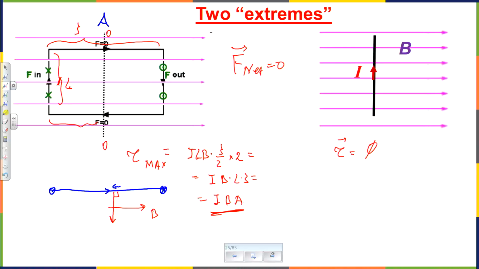And this angle between the normal and magnetic field is 90. And here, if I draw that normal, this is my loop, and you don't see it because all you can see is just this side of it. But the normal, which is perpendicular to it, is parallel to the magnetic field.